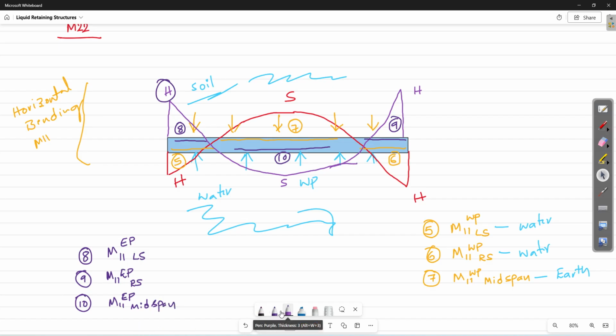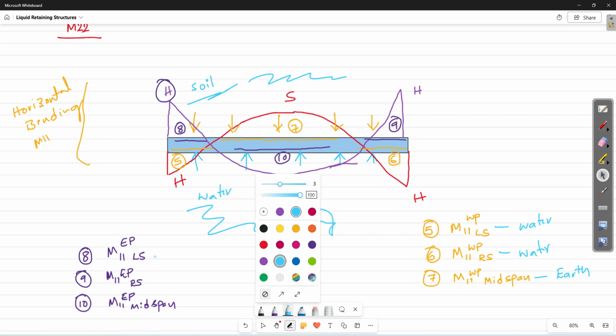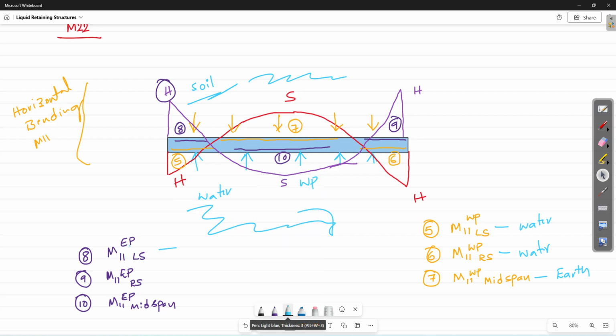So next, let me write the reinforcement phases. So M11, which means reinforcement number 8. This reinforcement provided on what phase? So earth phase. So I will write it as earth phase. So next, reinforcement number 9.